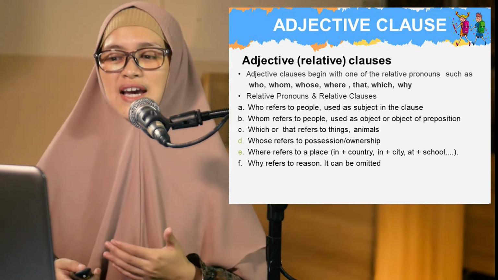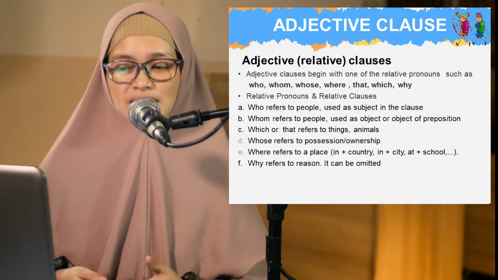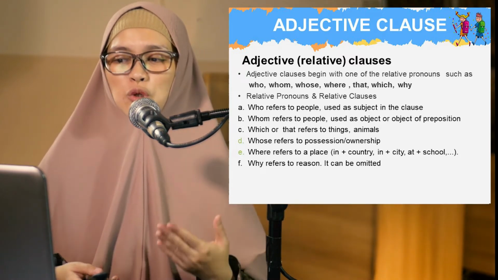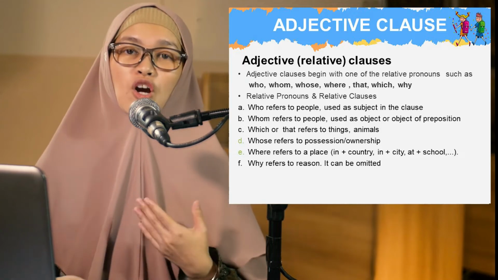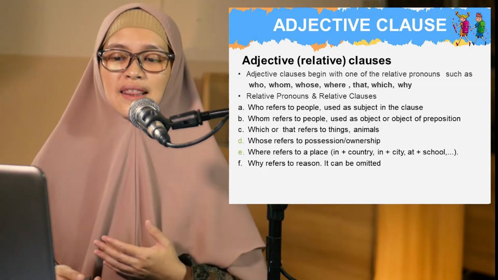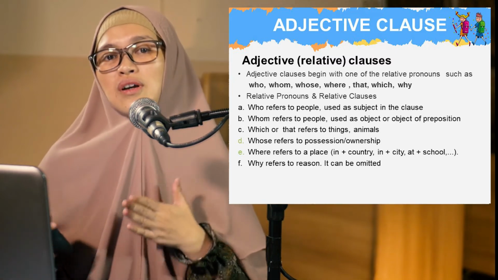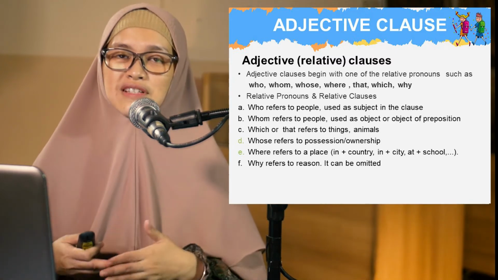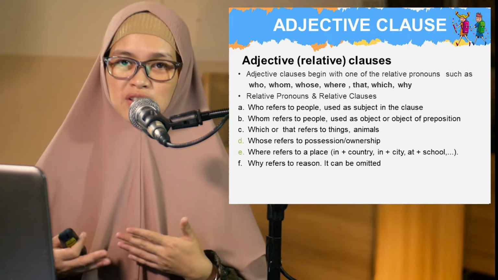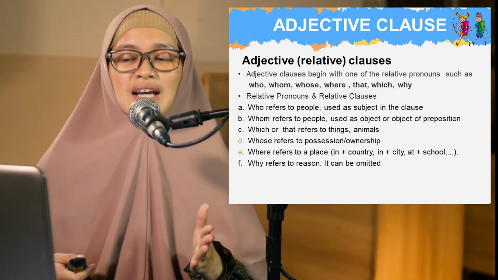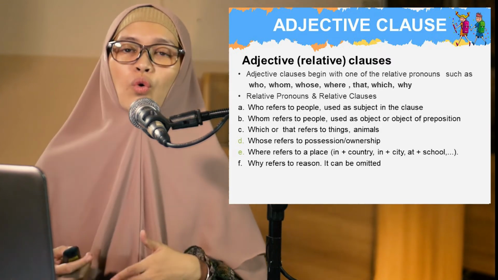used as the subject in the clause, and then whom refers to people, used as the object of a verb or preposition. And that, which, or sometimes we can replace which with that, refers to things or animals, non-human nouns. And then whose refers to possession or ownership.